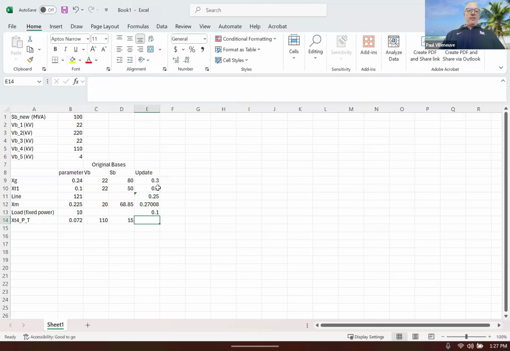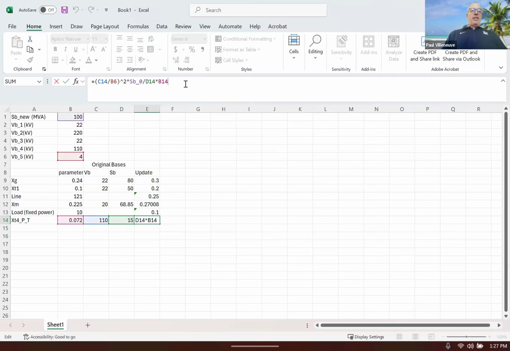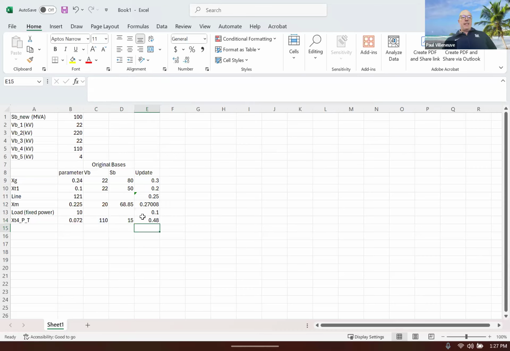So now I'm going to copy this over here, paste it over here, and then all I need to do is update the region. And actually, it looks like this is region 5, so I have to move it to region 4. So this one becomes B5. And if I did that correctly, that is my impedance for that value. 0.48.